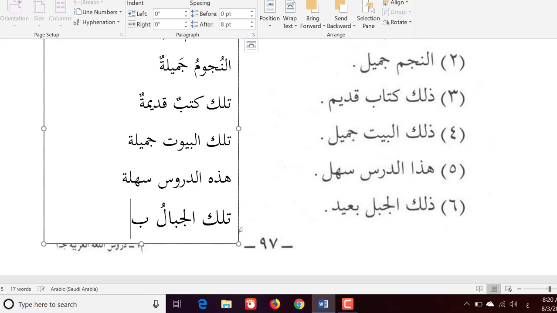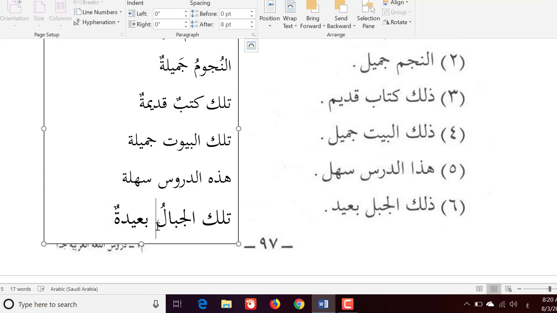Okay, those mountains are far. If we wanted to say those are far away mountains, we would say tilka, take off the alif lam, tilka jibalun ba'idatun. Those are far away mountains. Okay, or those are distant mountains.